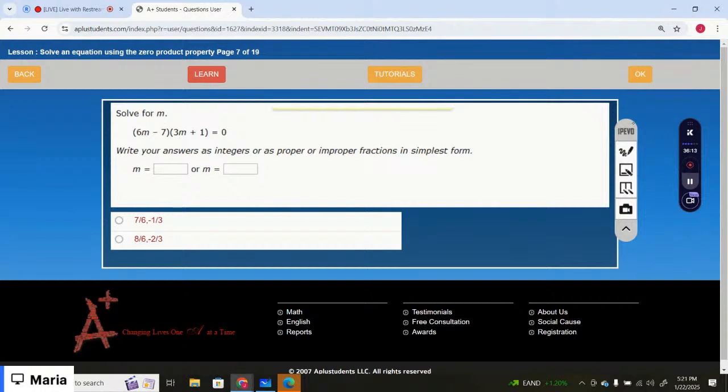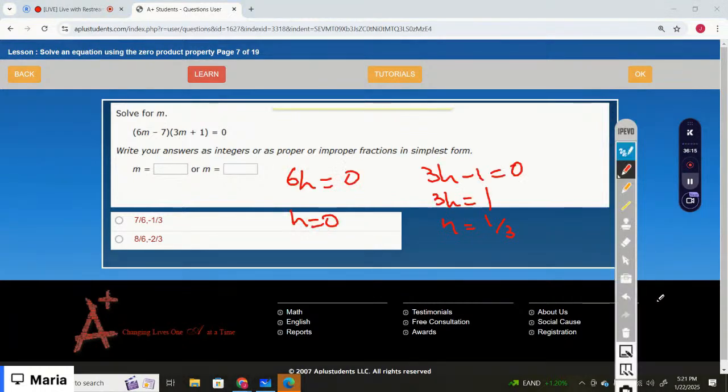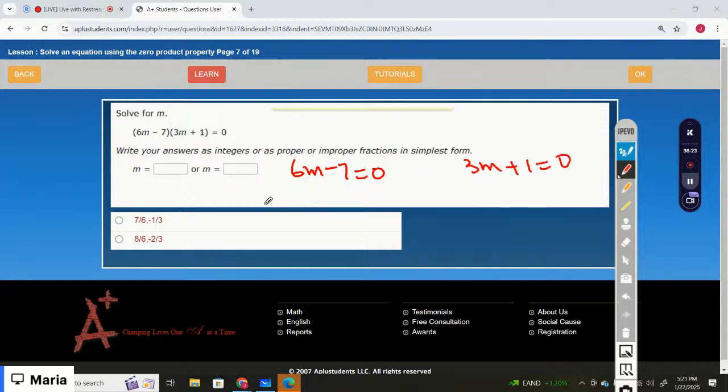Solve for M. That is 6M minus 7 equals 0 and 3M plus 1 equals 0. That is 6m equals 7 and m equals 7 over 6. 3m equals negative 1 and m equals negative 1 over 3.